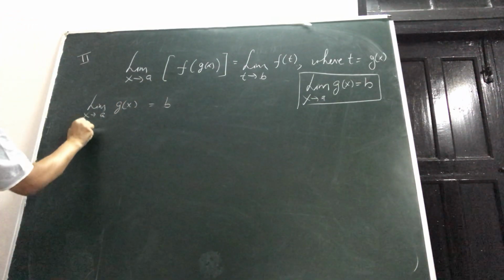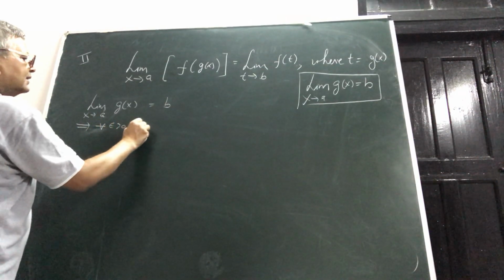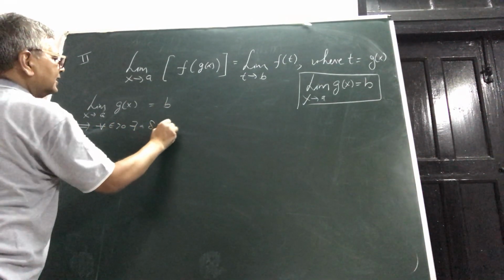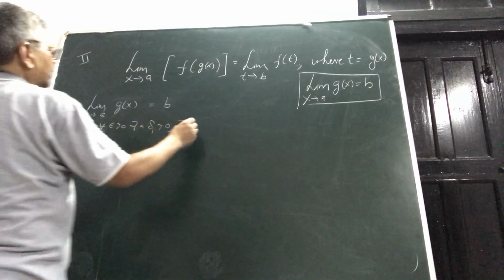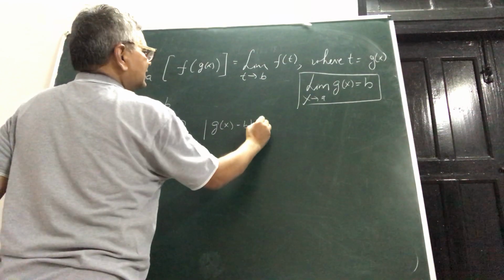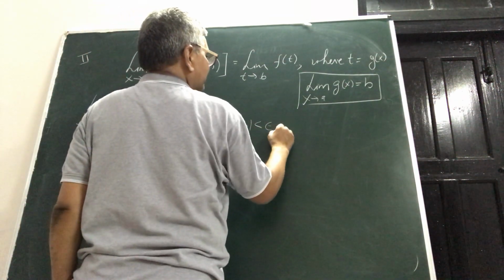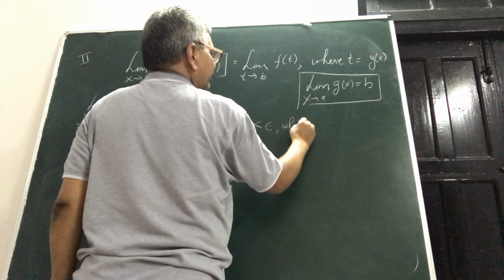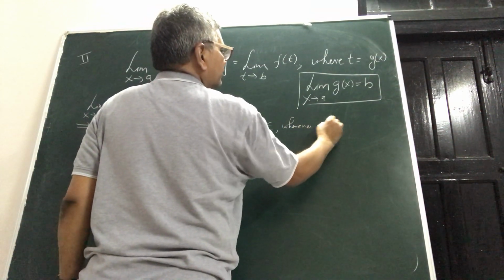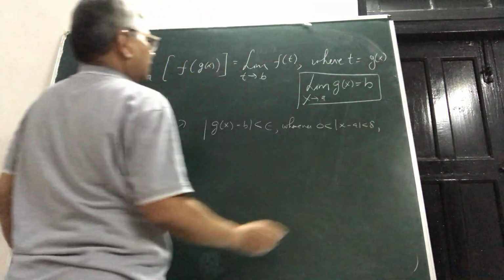This implies for every epsilon greater than 0, there exists a delta 1 greater than 0 such that modulus g(x) minus b is less than epsilon, whenever 0 is less than mod x minus a is less than delta 1.